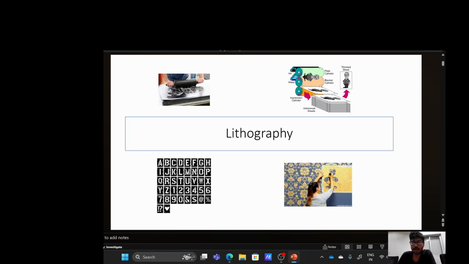So first thing, what is lithography? Lithography is nothing but the transfer of a pattern, on any kind of substrate, wall, or any means. Like here, on the cylinder there is a pattern, and what you can do is transfer it on any screen.